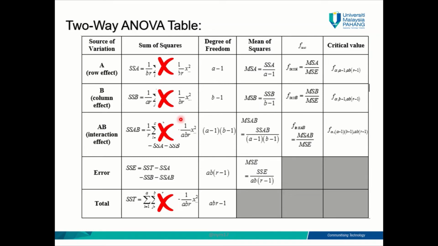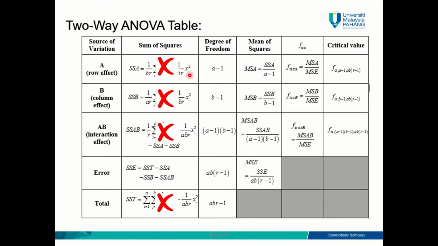All the lecturers have decided that for this semester, we will skip these 4 formulas. 1, 2, 3, 4. Meaning that you don't need to use these 4 formulas for this semester. So if we were to assess you on two-way ANOVA, we will give you the values of SSA, SSB, SSAB, and SST.